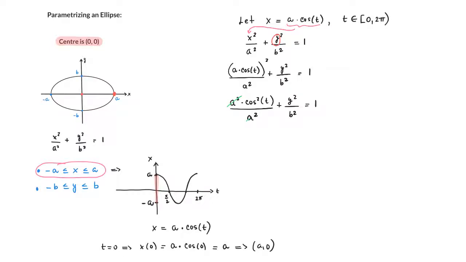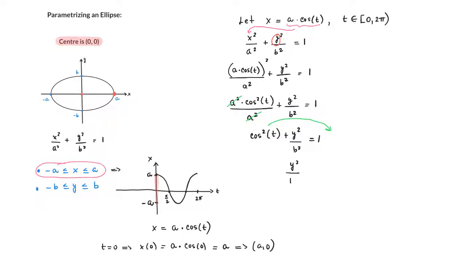Very nicely, we can cancel a squares and we're going to be left with cosine squared of t plus y squared over b squared equals 1. My goal is to now bring cosine squared to the other side.